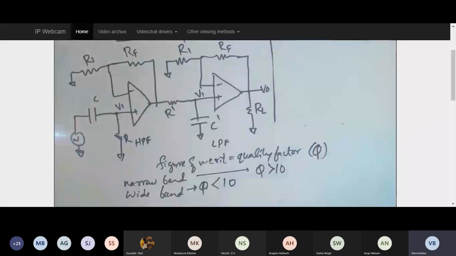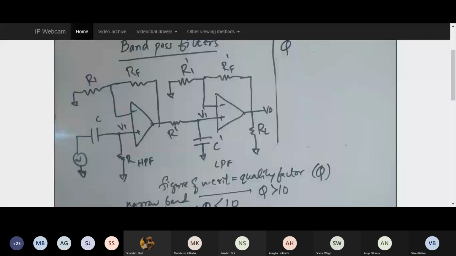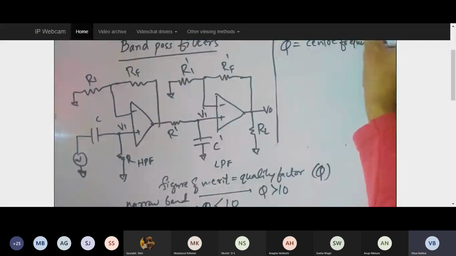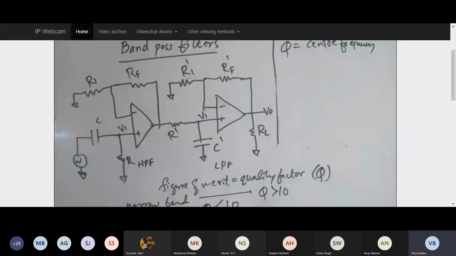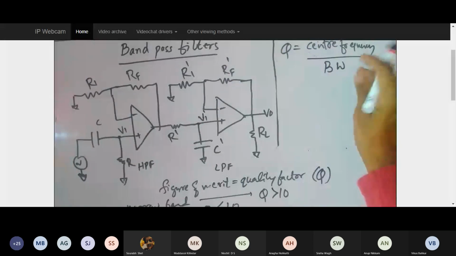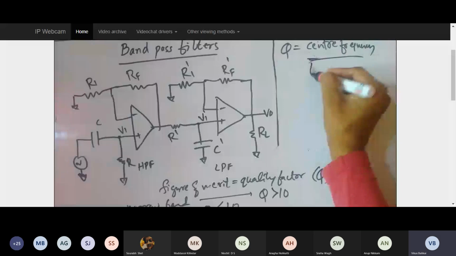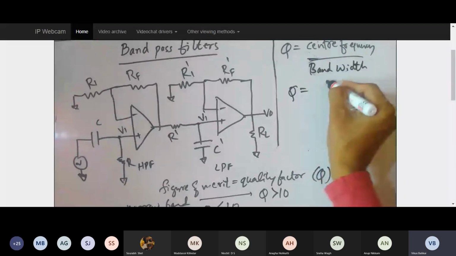Q is defined as center frequency divided by bandwidth. This can also be written as FC by BW.